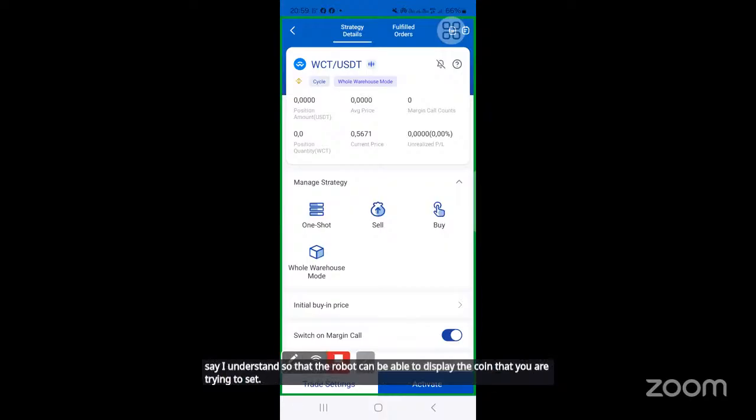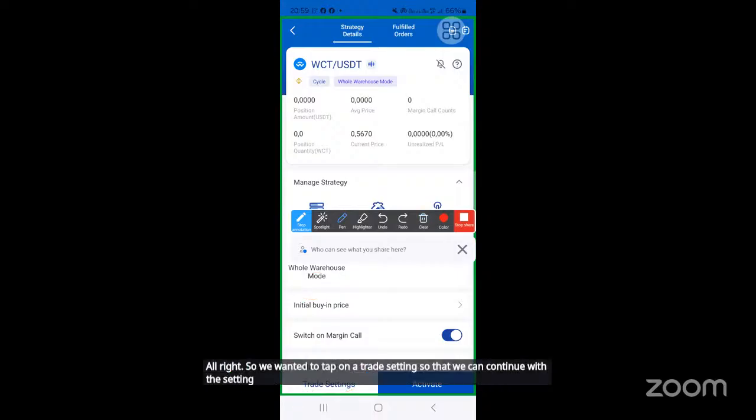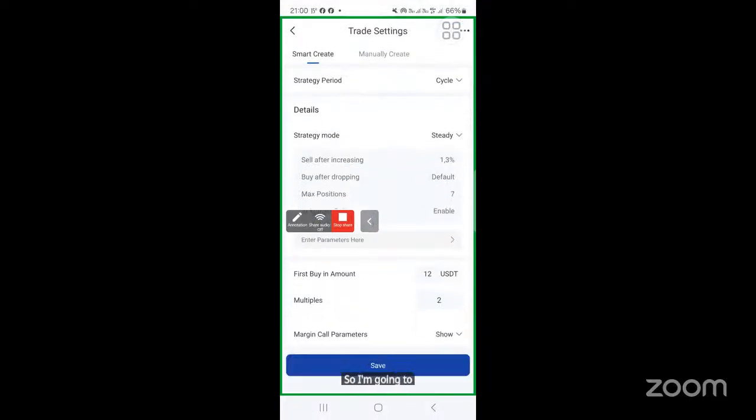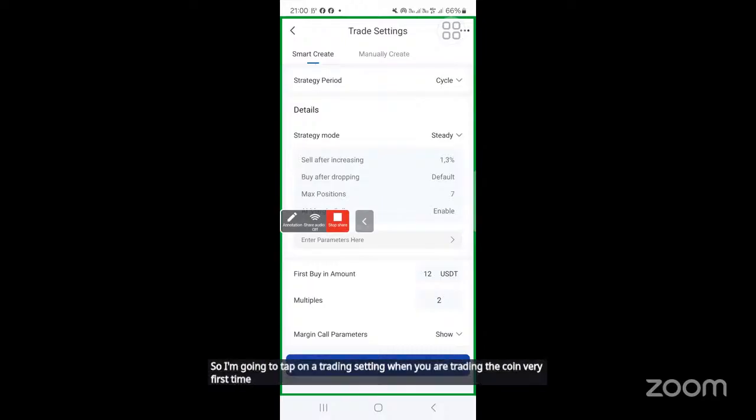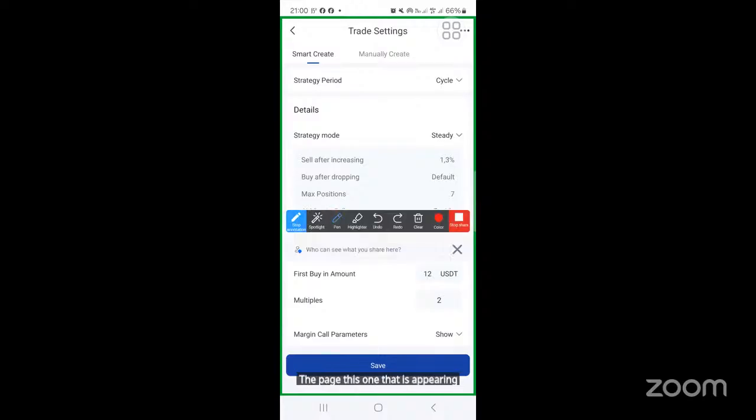All right, so we want to tap on trade setting so that we can continue with setting our trade. So I'm gonna tap on trade setting. When you are trading the coin for the very first time, and you have never traded it before, the page that is appearing always pops up.